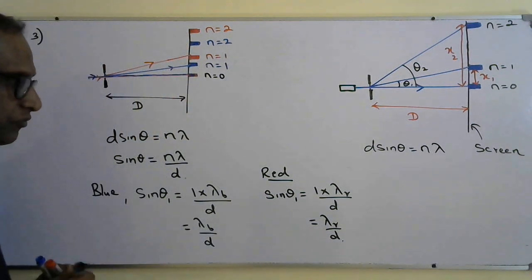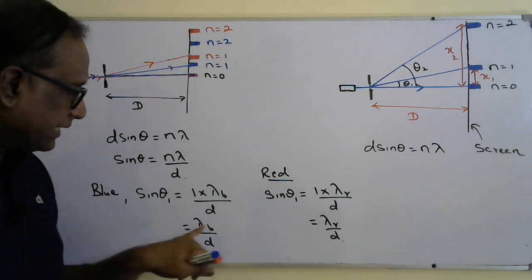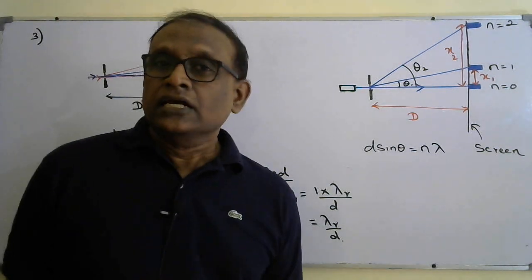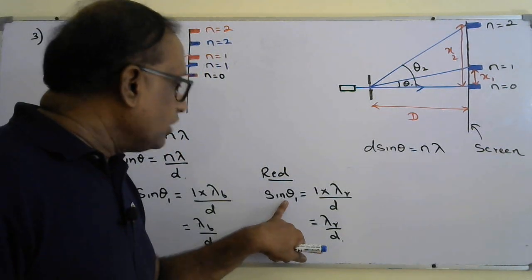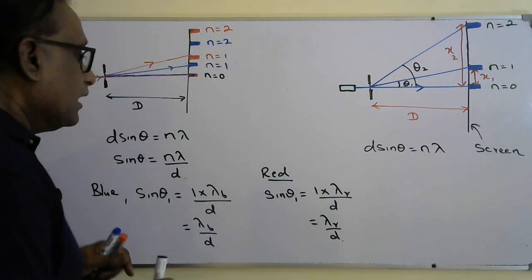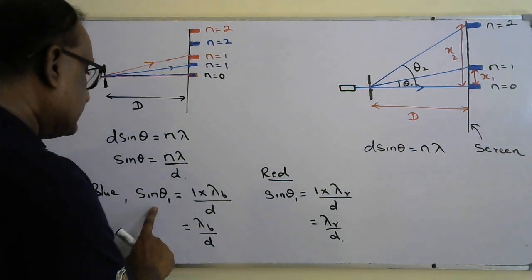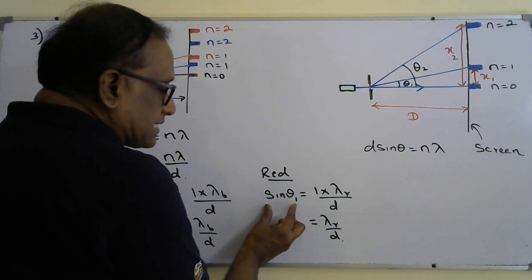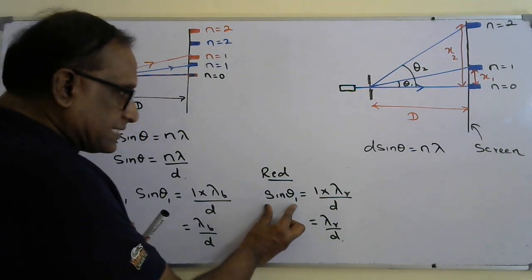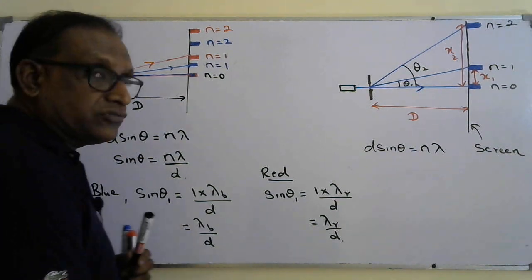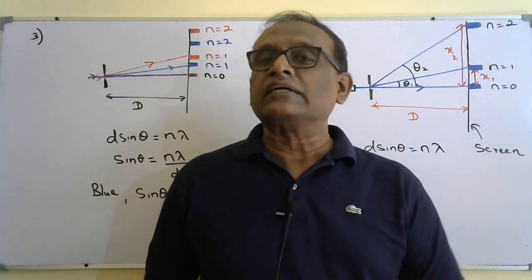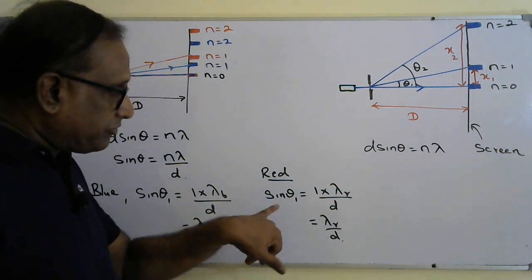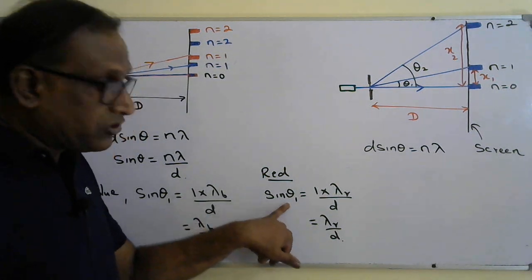Right, we know that the wavelength of red color is greater than the wavelength of blue color, but both have the same d. So sine theta 1 for the red color will be larger than sine theta 1 for the blue color. So since sine theta 1 for the red color is larger, the first order angle of diffraction for the blue color is smaller than that for the red color.